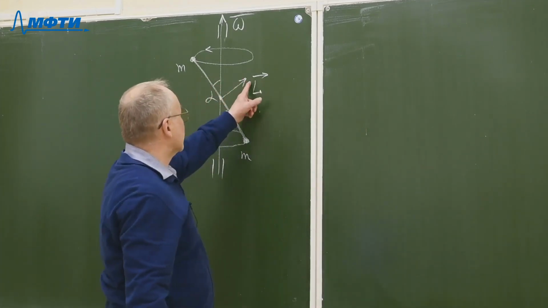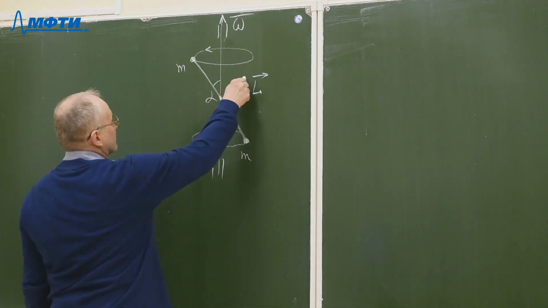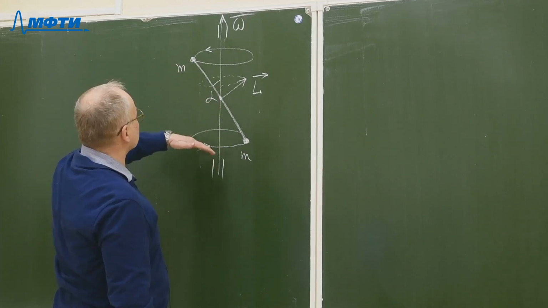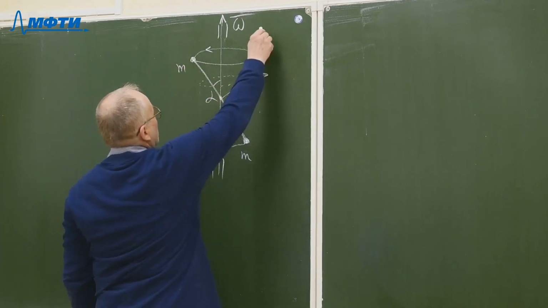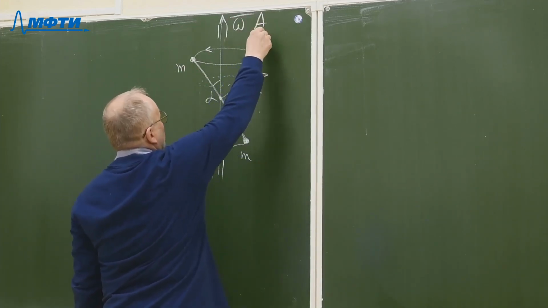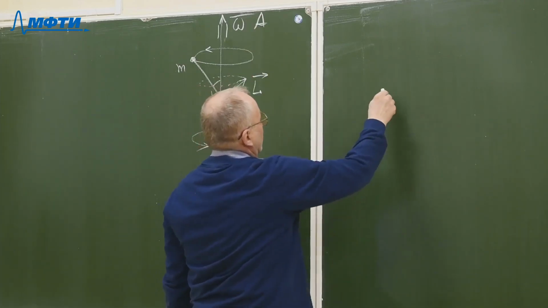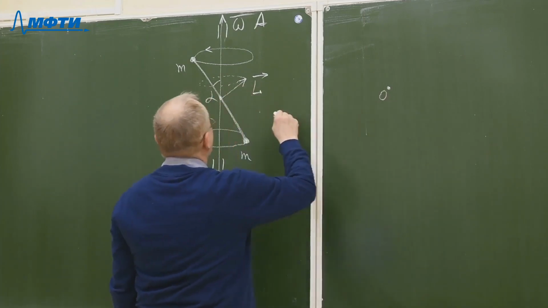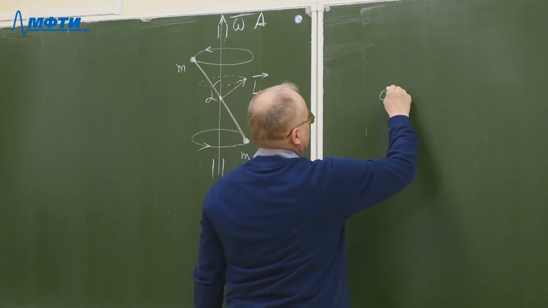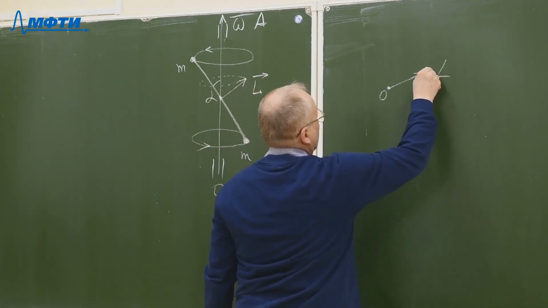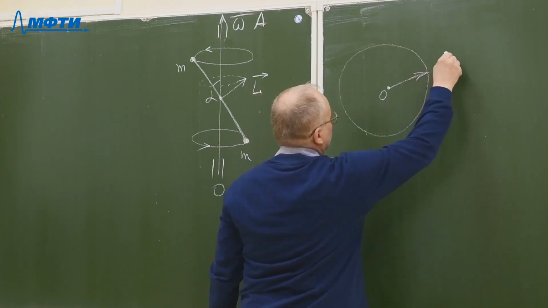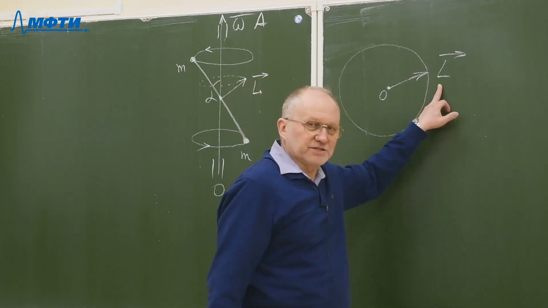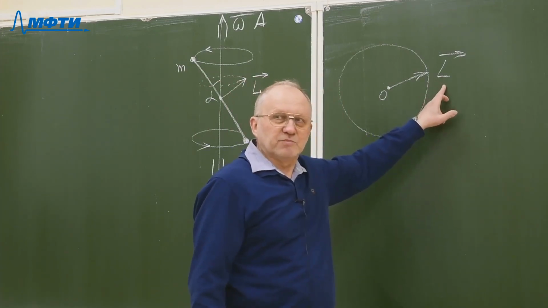The end of vector L also rotates. If we look at this picture from upward, then that will be the axis of rotation O, and the end of vector L will describe a circle. It means that vector L is changing in time, not in magnitude, but in direction.